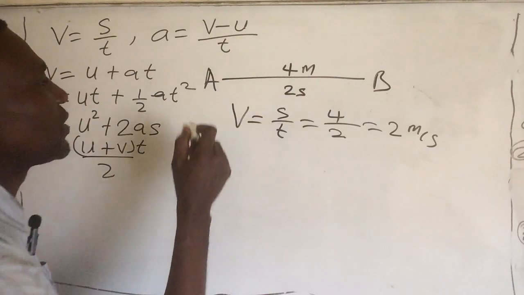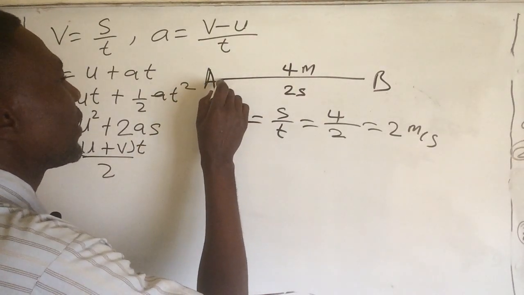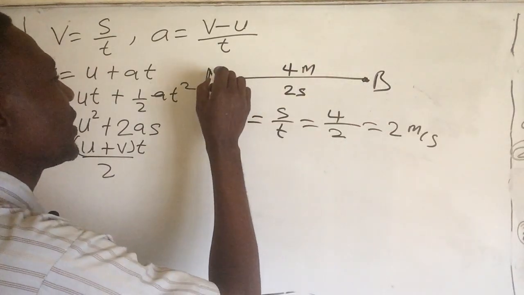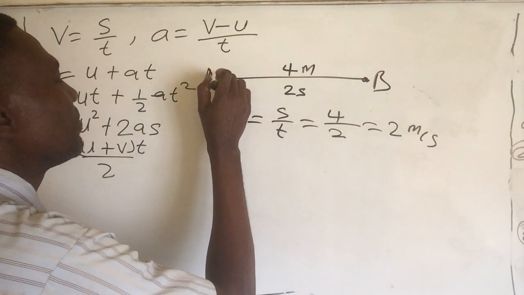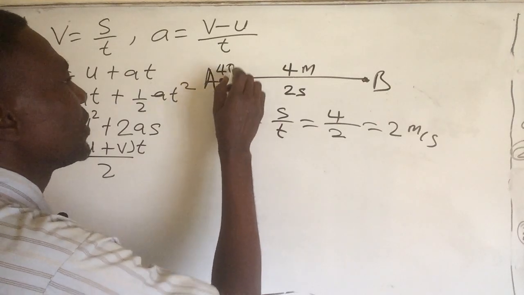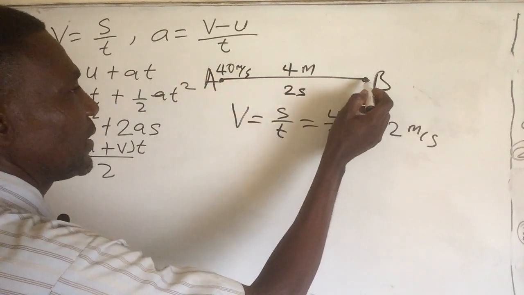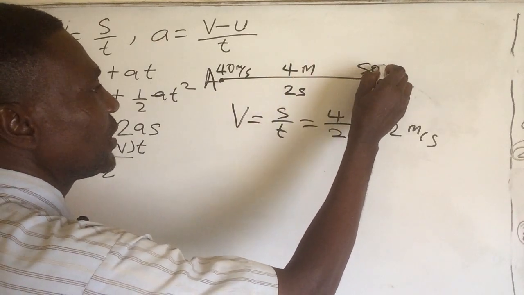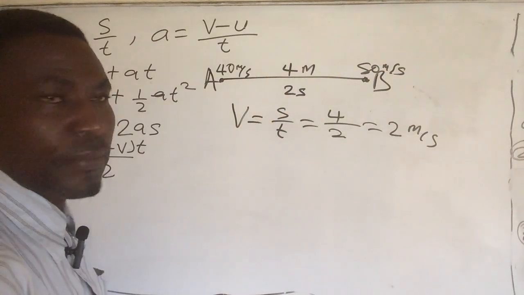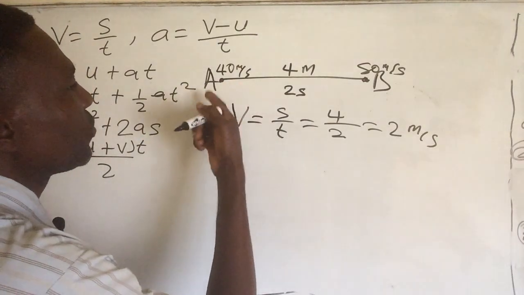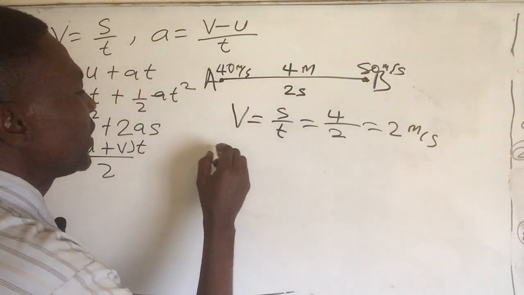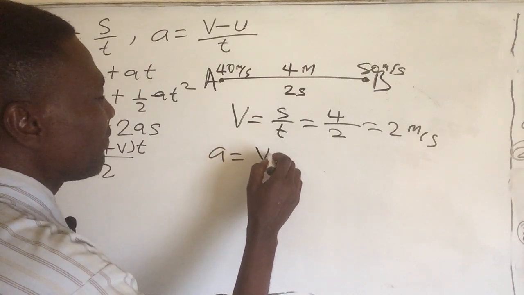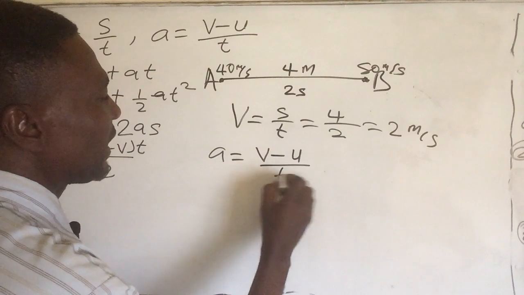Then acceleration: if our checkpoint is here and the final checkpoint is here, and the speed of the car at this point A is 40 meters per second, and the speed of the car at the final checkpoint will be 80 meters per second. Now, if they ask you to calculate the acceleration, it is final velocity minus initial velocity all over time.